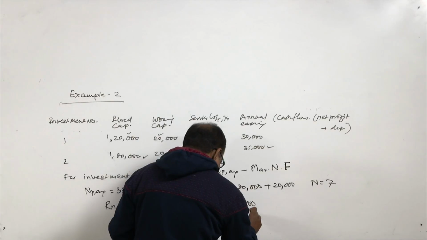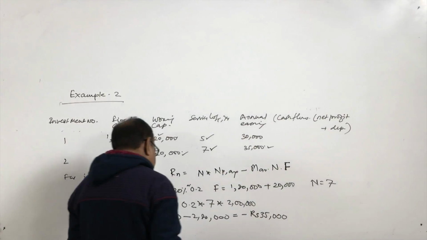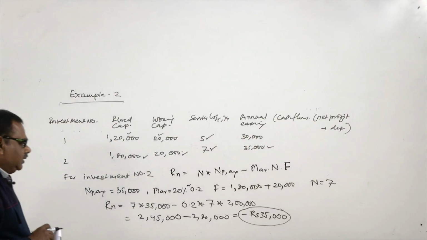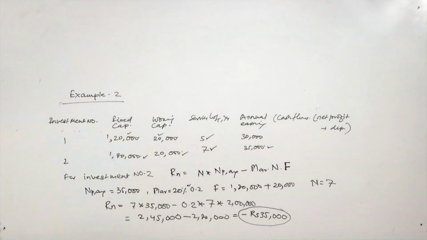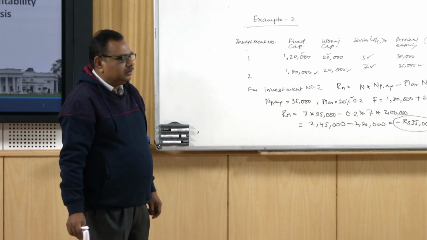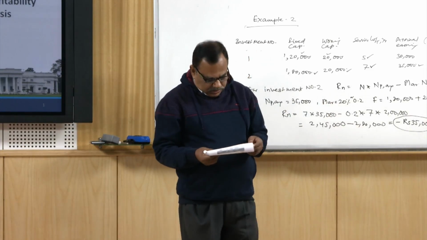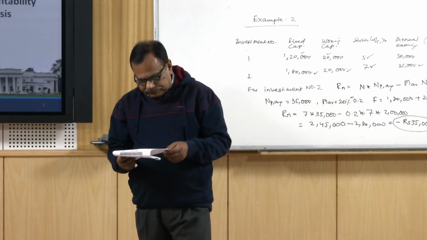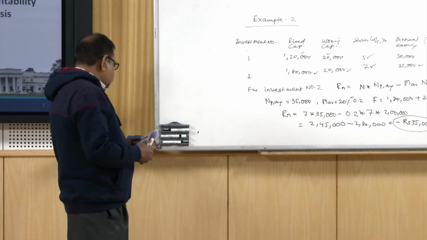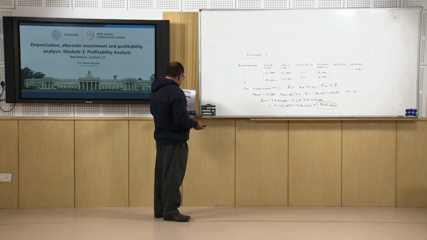This comes to be minus rupees 35,000. We see that this quantity is negative. That means it is not in a position to pay the minimum return of 20%. Since the value of Rn is negative, the investment is unacceptable to us.